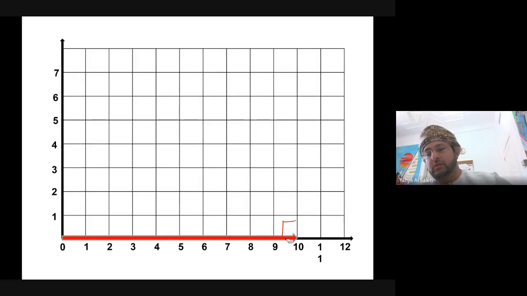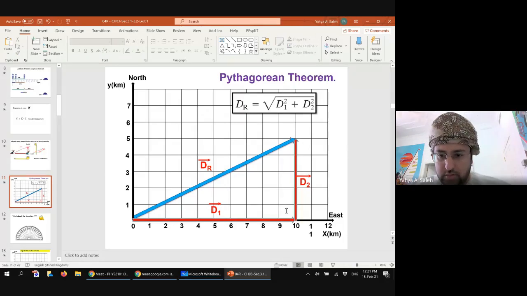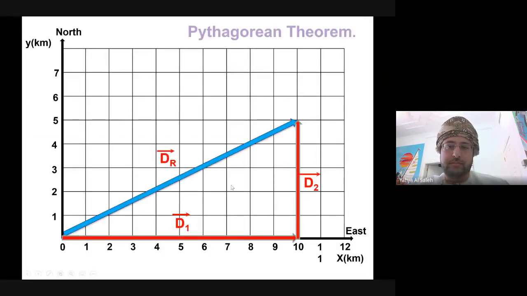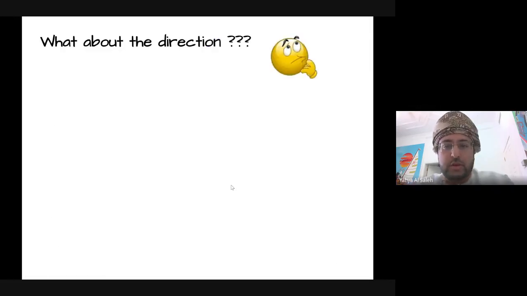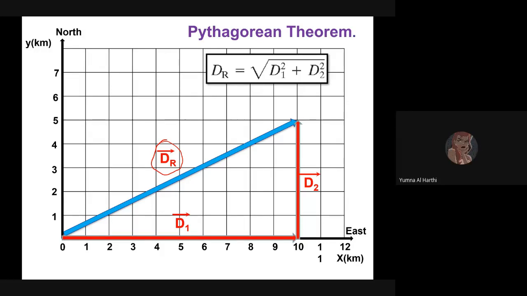What we can do is, what's the problem here? It's stuck. Okay. Pythagorean theorem. This is what you all said. Excellent. Okay. But is it enough just to use the Pythagorean theorem and give what D is? Or do we need to do something else? Direction. We need the direction, right?